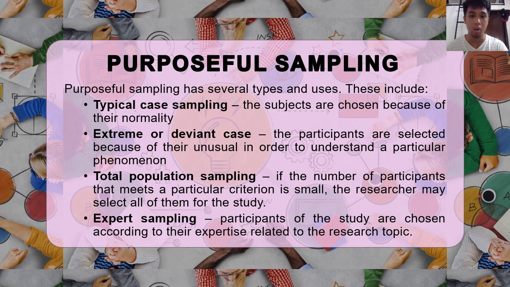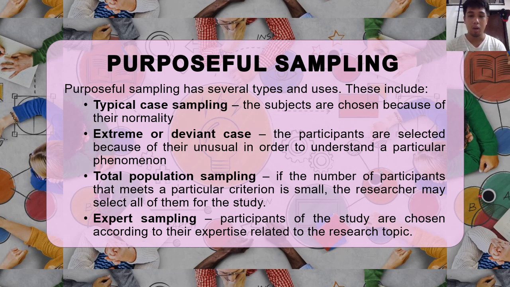Let's say, for example, only a small number of individuals qualified in our study. Then we can take all of them to participate because it only covers a small number of individuals. Now, in expert sampling, participants of this study are chosen according to their expertise related to the research topic.